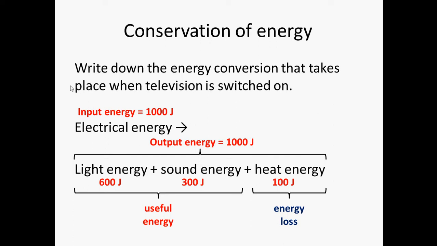So if you have a television that doesn't give off any heat, very cold after 10 hours of use, that will be a very ideal television because you don't have any loss of energy. So do take note, you need to know the idea of conservation of energy, the input energy is equal to output energy, as well as the difference between useful energy and energy loss or unwanted energy for this lesson.